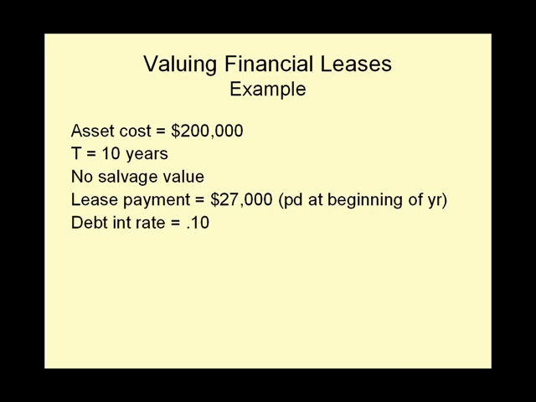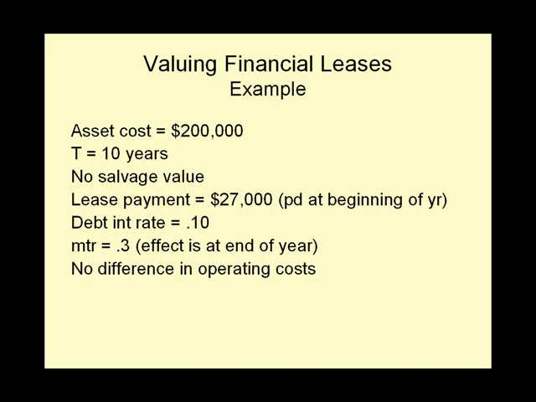Instead of leasing the asset, the firm could buy the asset outright, and the firm would pay a debt interest rate of 10% as an alternative financing option. The firm has a marginal tax rate of 30% and will assume the effect of the tax rate occurs at the end of the year.